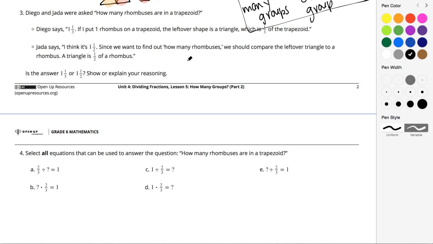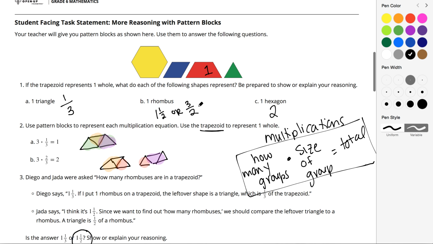Since we want to find out how many rhombuses, we should compare the length overall to a rhombus, and a triangle is half of a rhombus. Is the answer 1 1/3 or 1 1/2? It is 1 1/2 because of what Jada is saying. We need to compare it back to the rhombus, not to the trapezoid. See? 1 1/2 because that triangle is half the rhombus.